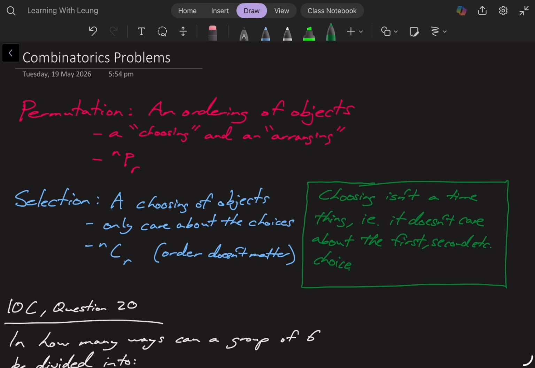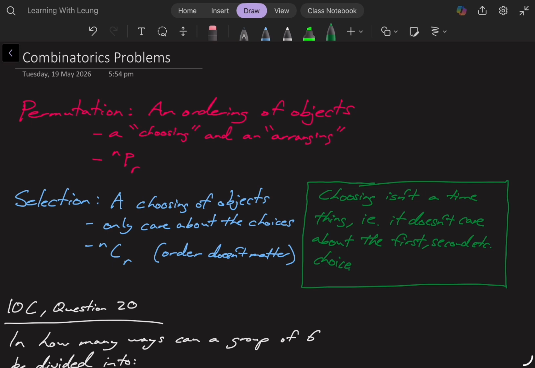So as an example, if I choose an apple first and then a banana second, that's a combination, right? Maybe I don't actually care about what order they're in. I just care that I chose an apple and I chose a banana. But that's the same thing as choosing the banana first and then the apple second. That sounds a bit weird, but what I'm trying to get at is that when we choose, because we live in a human world, we have to pick something first.